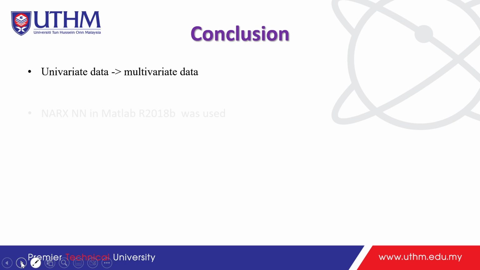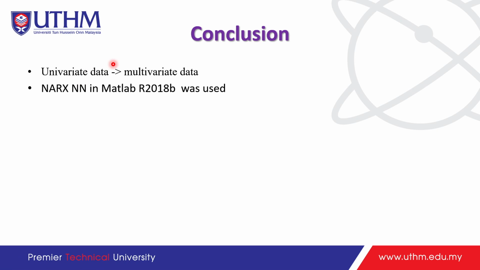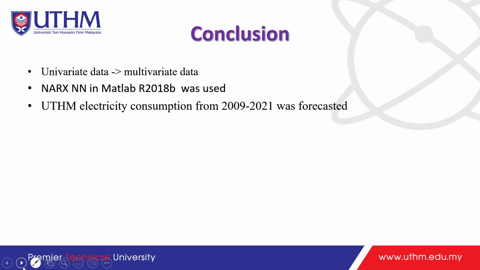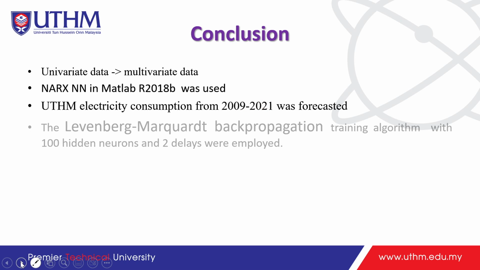So the conclusion is that the data is univariate, meaning it depends on the month, and then we convert it to multivariate data. We use MATLAB 2020, and the UTHM electricity consumption from 2009 to 2021 was forecasted.